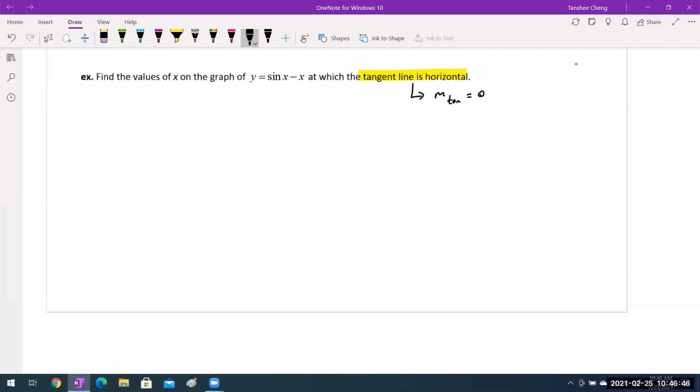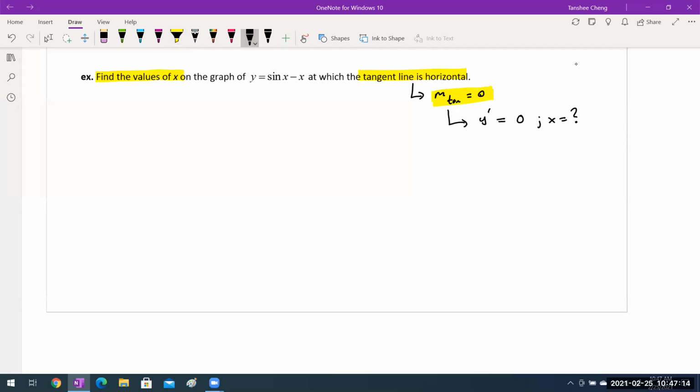Now, what does that tell you? When we talk about the slope of the tangent line, that refers to the first derivative of the function, which is going to be equal to 0, and then we are looking for which x values give you that. That's the idea when we ask you to find the value of x.